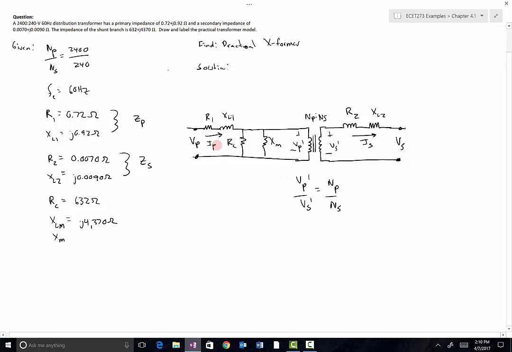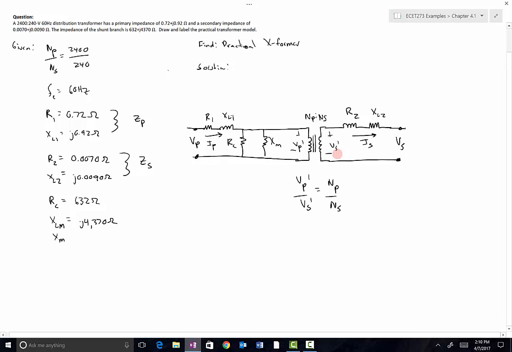We also have a problem relating the primary current to the secondary current, because there is some current that flows through RC and XM that does not flow through the coil. So if we include these two, IP cannot be related to IS through the inverse turns ratio like we did for the ideal transformer.